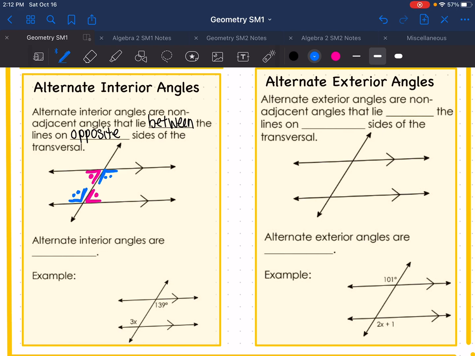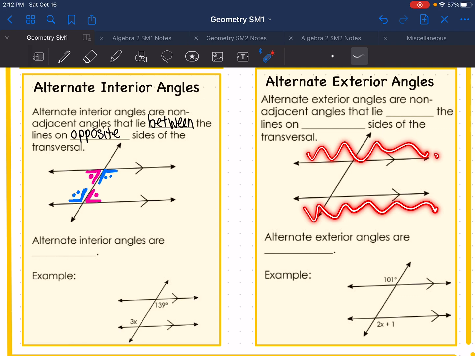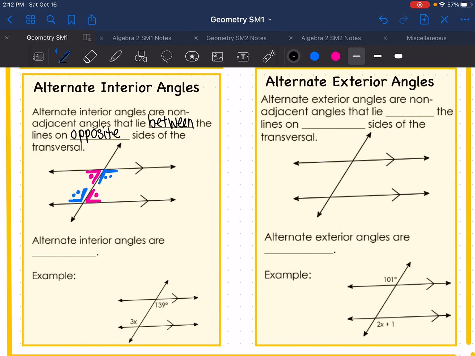All right, alternate exterior, very similar, but now we're going to the exterior portions of lines A and B. Now we're going to talk about these 4 angles here. Alternate exterior angles are non-adjacent angles that lie outside the lines on opposite sides of the transversal.